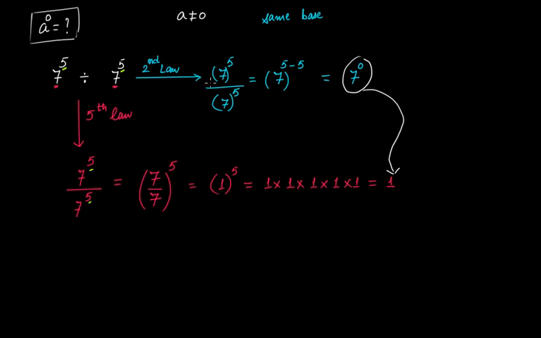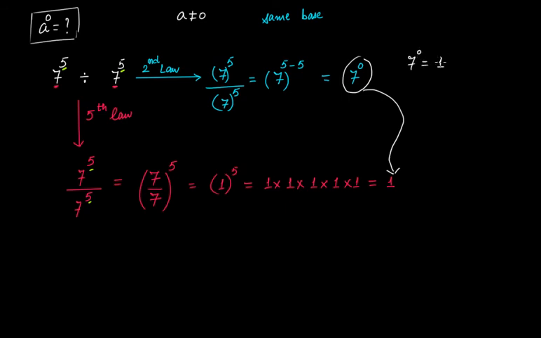In one case we are looking at the same bases and therefore applying the second law, but in the other one we are looking at the same exponents and applying the fifth law of exponents. But the value of this operation, that is a division, is going to be the same, doesn't matter which path you take. So 7 to the 0 power will be equal to what? 1.